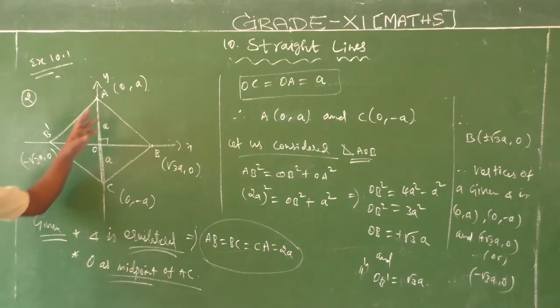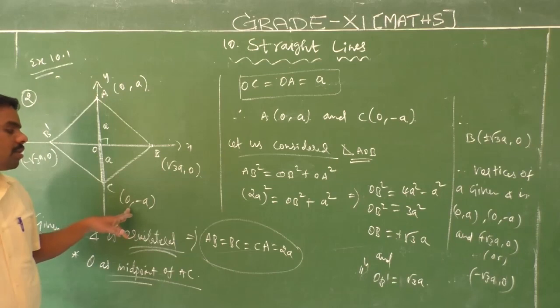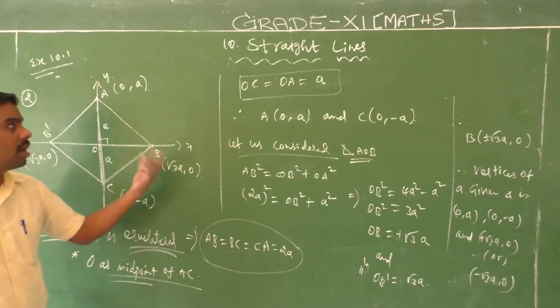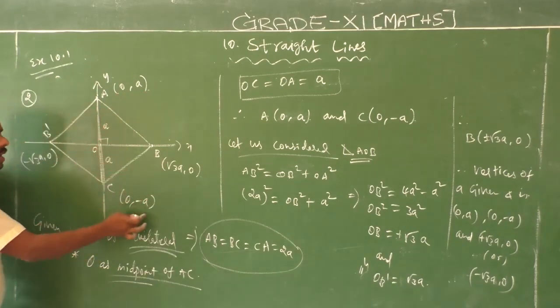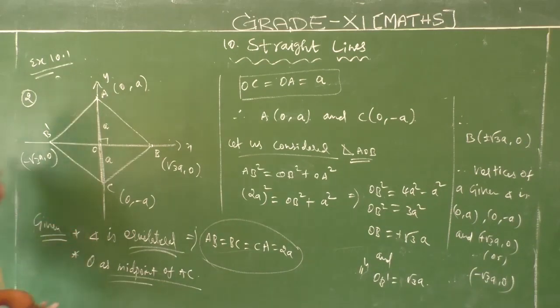So the required vertices are 0 comma A, 0 comma minus A, root 3A comma 0, or 0 comma A, 0 comma minus A, minus root 3A comma 0. Okay, right.